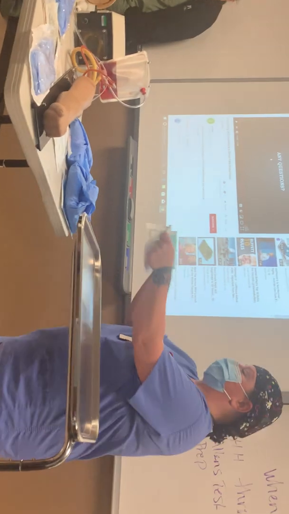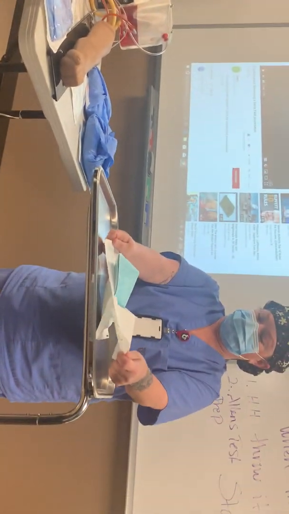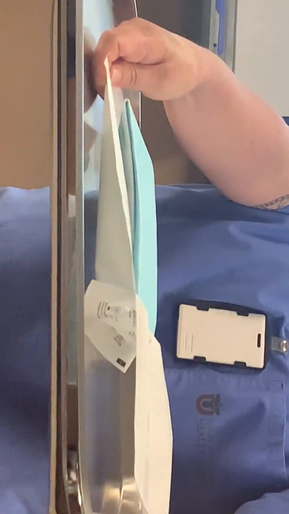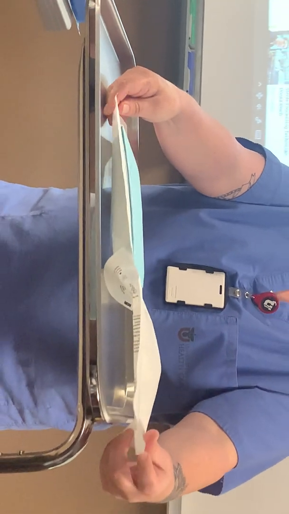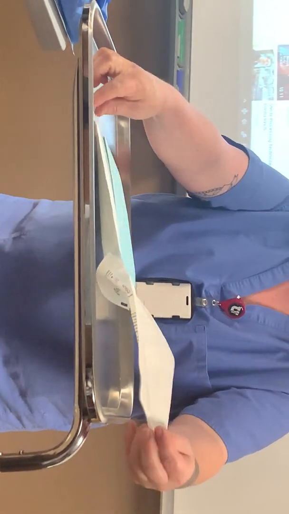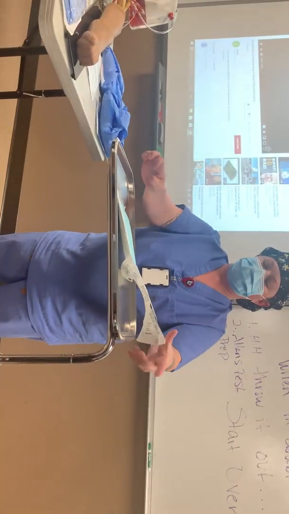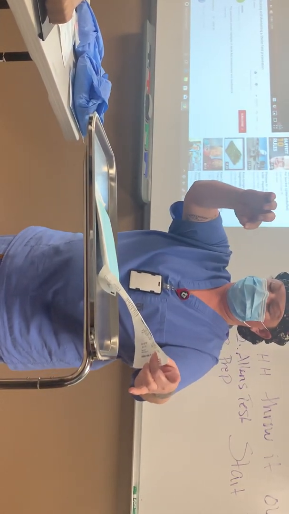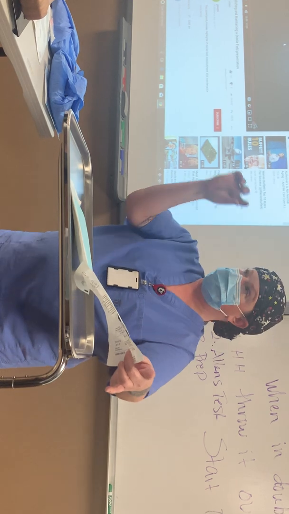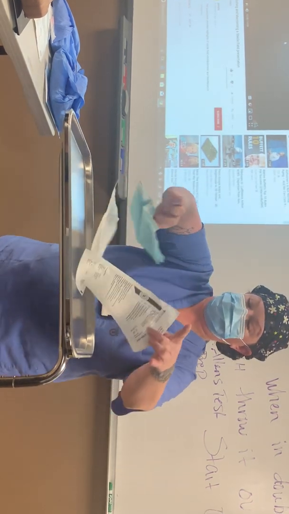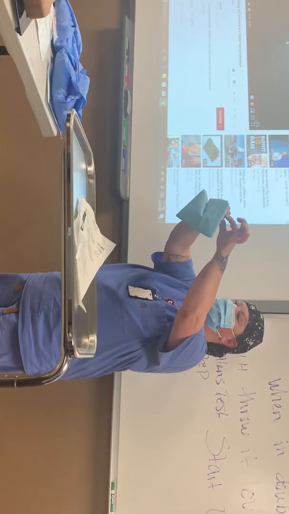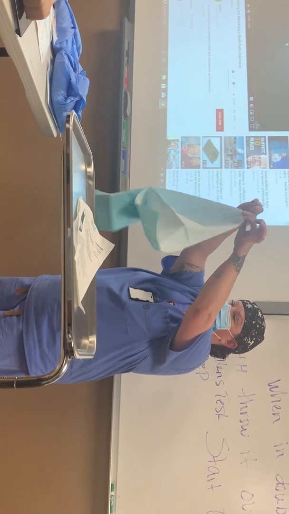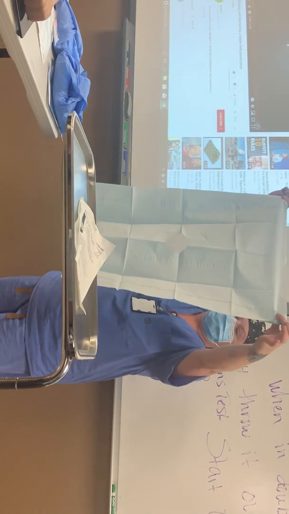So what I'm doing is peeling the package back and establishing the edges to create the sterile field. Now here's the tricky part with the towels. You have to be able to touch the ends to create the sterile field. So you pick up the towel. You've now touched a sterile item, but you want to touch the inside of it. So you're creating the sterile field.